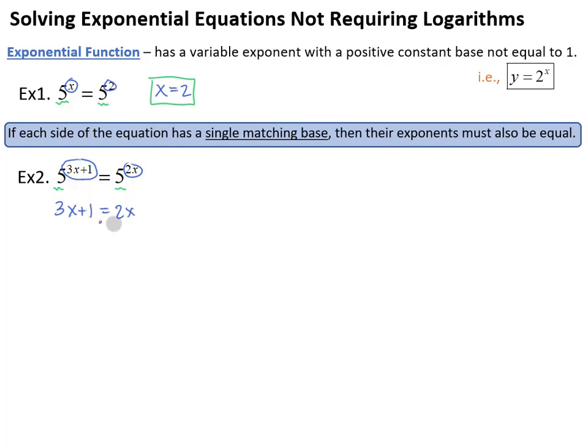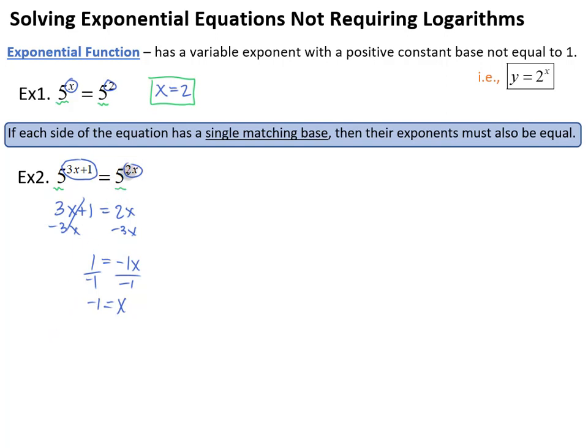So now we just need to solve this linear equation. Let's get our x's on one side. Maybe we subtract the 3x here. So we get 1 equals negative 1x. Divide away our negative 1, and we end up getting x equals negative 1.